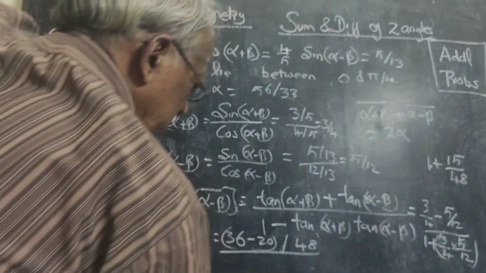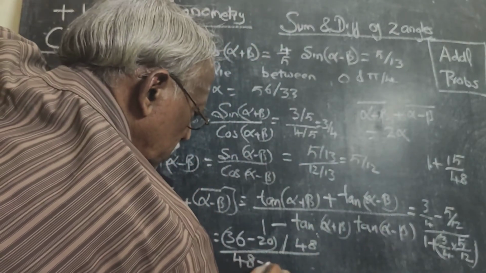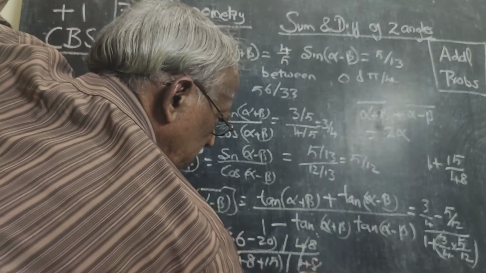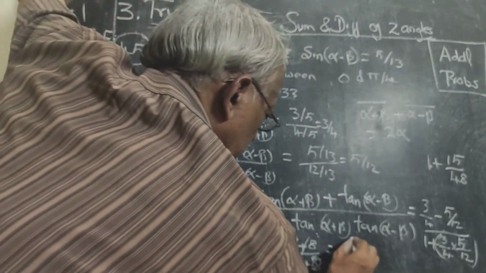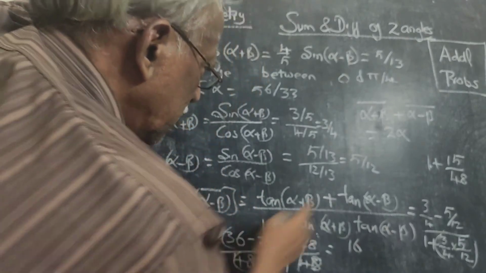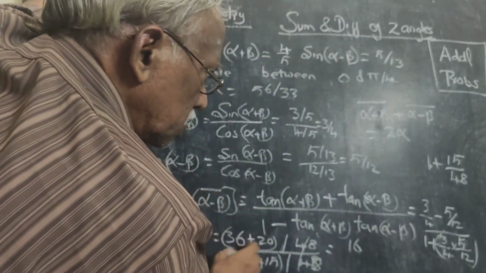Now taking LCM, so this 48 gets cancelled. You are left with 36 plus 20, here I had made a mistake, 5 by 12.